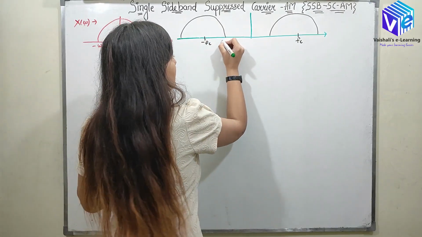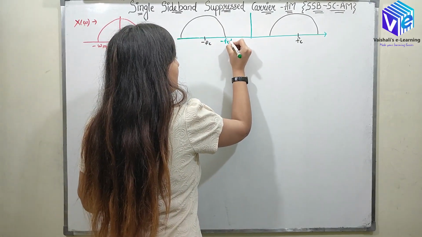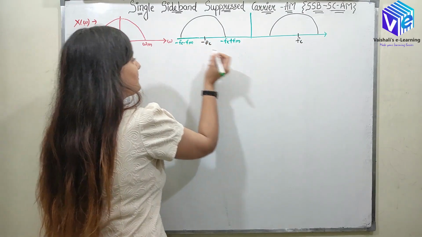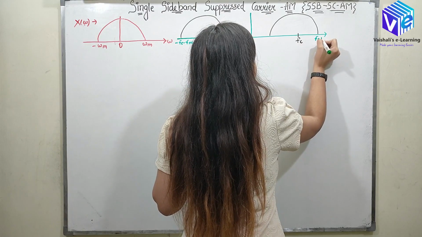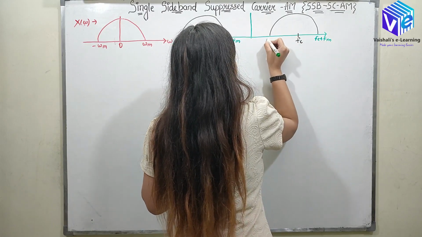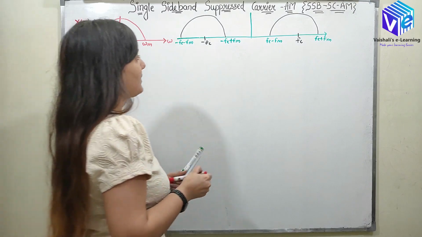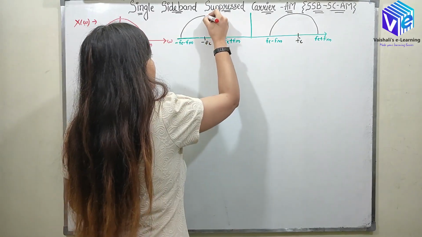So now this frequency is minus Fc plus Fm, this frequency is minus Fc minus Fm, this frequency is Fc plus Fm, and this frequency is Fc minus Fm. So either I transmit the upper sideband or the lower sideband.